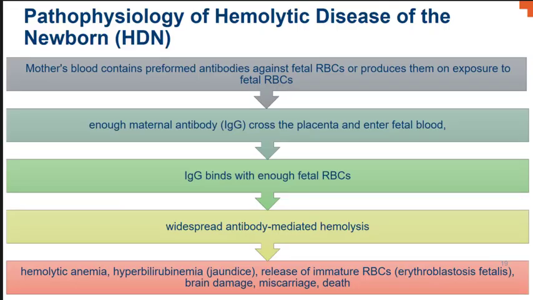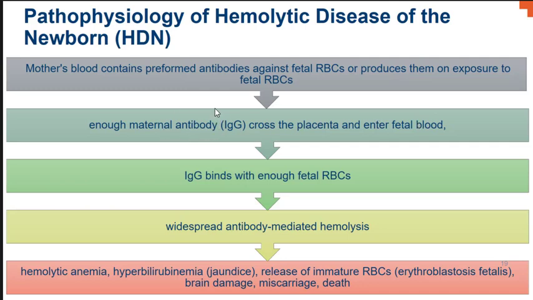Let's look a little bit at the pathophysiology of hemolytic disease of the newborn. Whether we're talking about ABO incompatibility or RH incompatibility, the mother either has preformed antibodies that wouldn't like the fetal blood, or she produces them upon exposure, and that's where we talked about the second pregnancy being a problem.